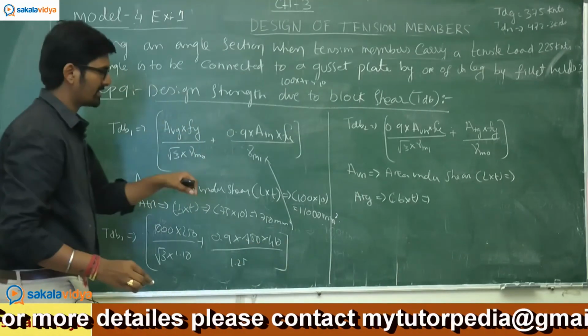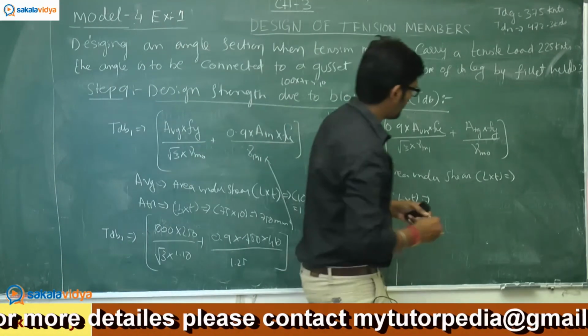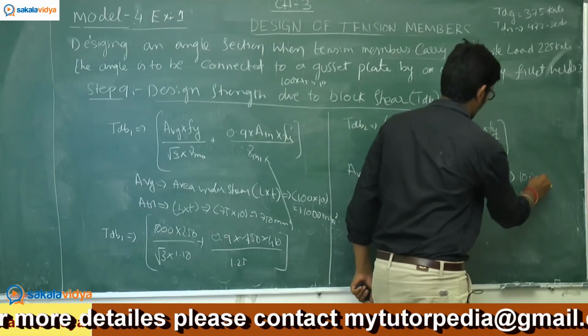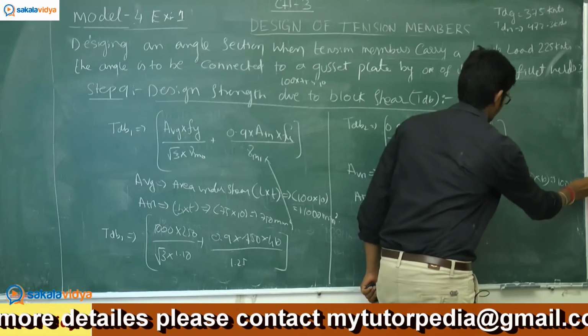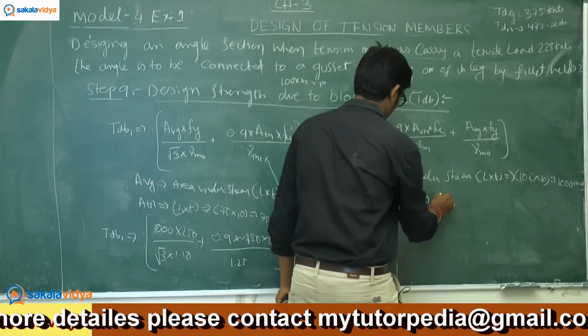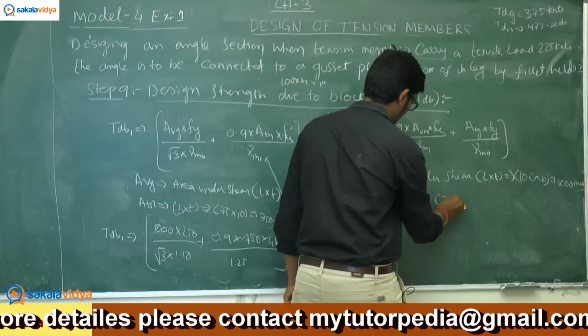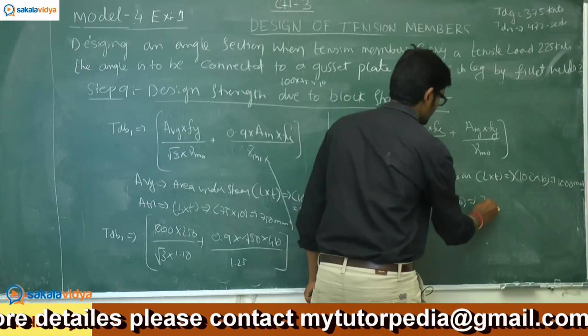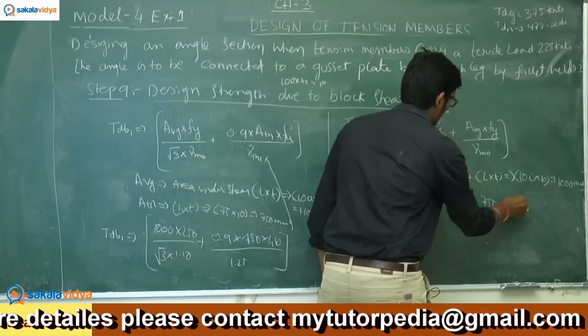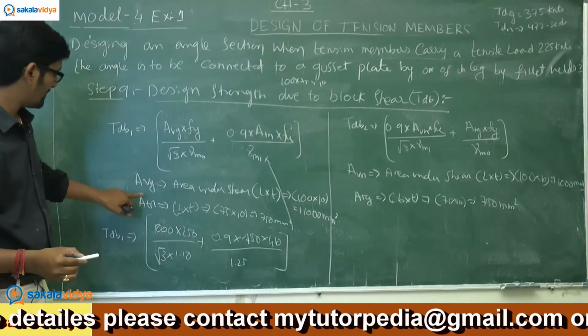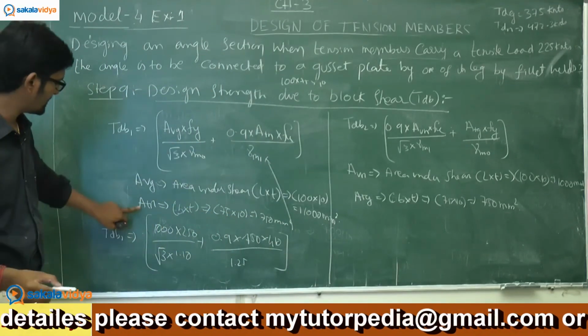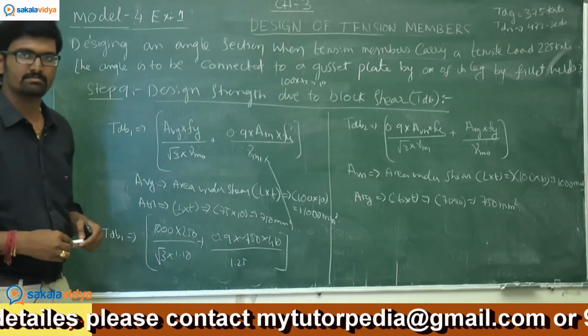In the same way let us calculate this also. Area under shear, L we have assumed as 100, T thickness, that is equal to 1000 mm square. Next ATG, B, length of outstanding leg, that is 75 into 10. By seeing this, have you noticed anything? This AVG and AVN both are the same, this ATN and ATG both are the same.